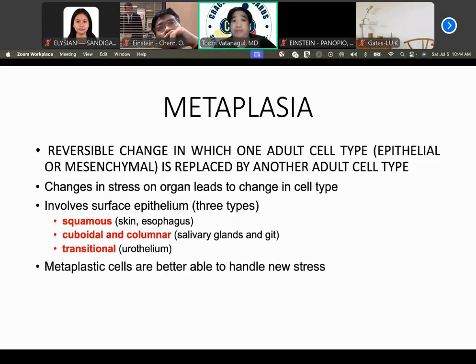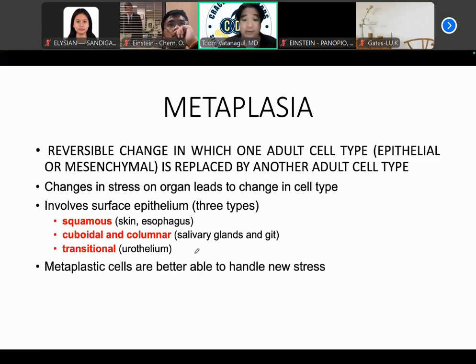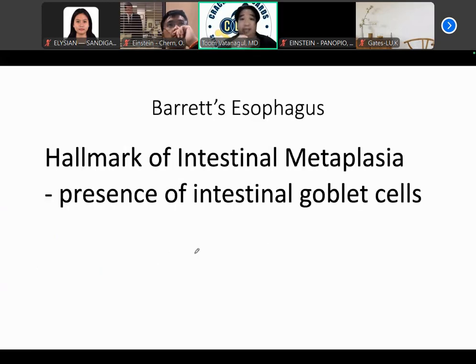What usually comes out in the boards is a famous condition associated with GERD or gastroesophageal reflux disease, wherein the esophagus from a stratified squamous epithelium is replaced by simple columnar. What do we call this condition? Okay, very good. This is Barrett's esophagus.